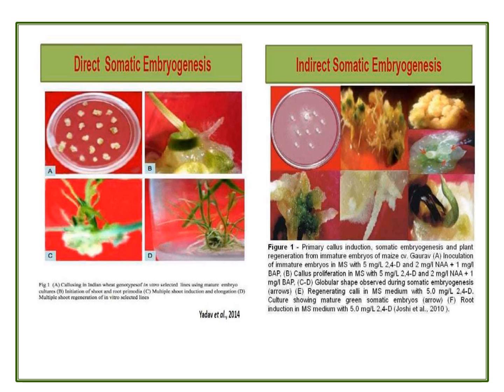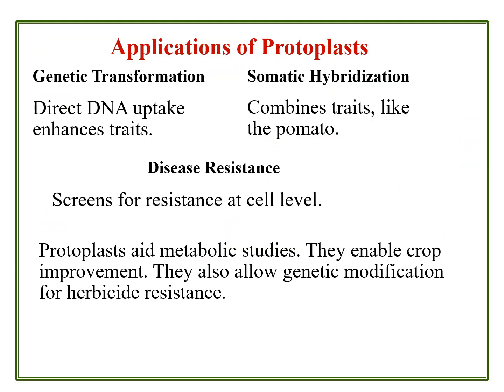And see here, naphthalene acetic acid plus 1 mg BAP can enhance immature embryos on MS medium, and then 2,4-D will be reduced and BAP enhanced to give rise to optimally sized plants.